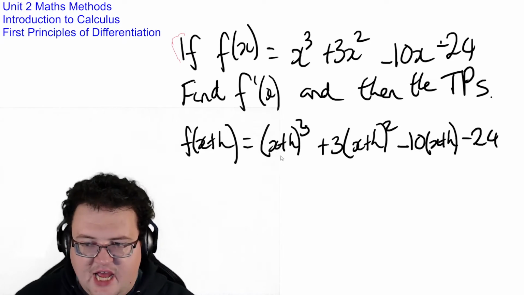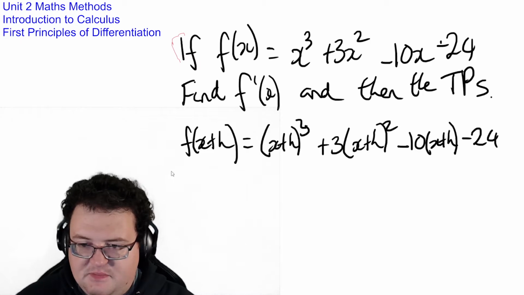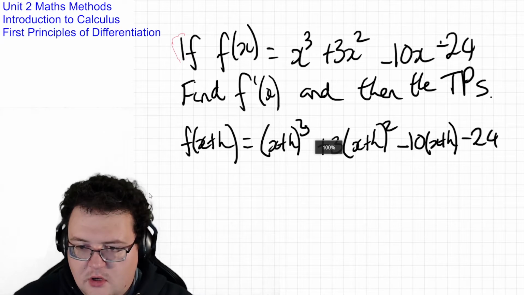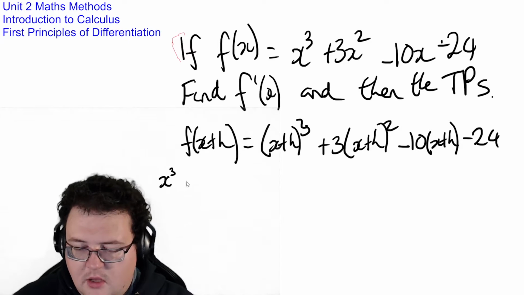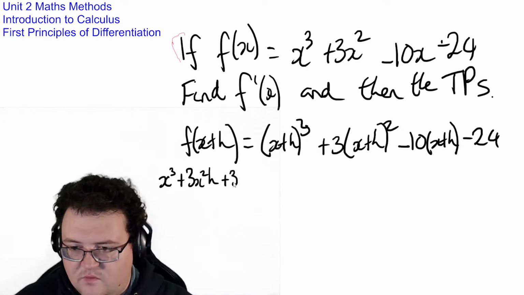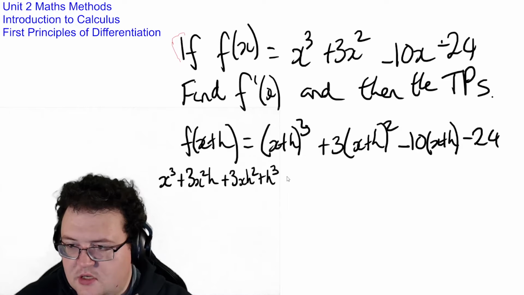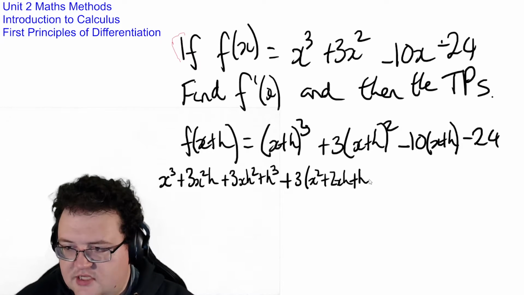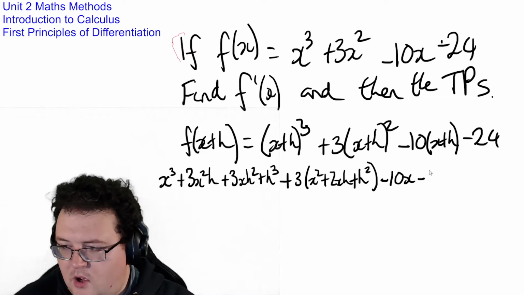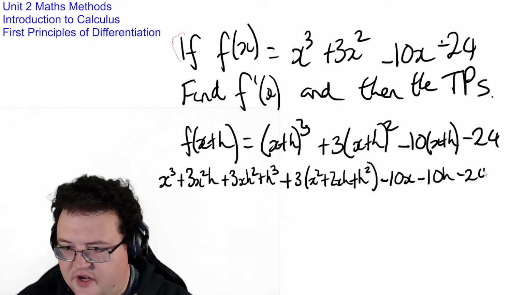Now, x plus h cubed expands to x cubed plus 3x squared h plus 3x h squared plus h cubed, plus 3 bracket x squared plus 2xh plus h squared, minus 10x minus 10h minus 24.